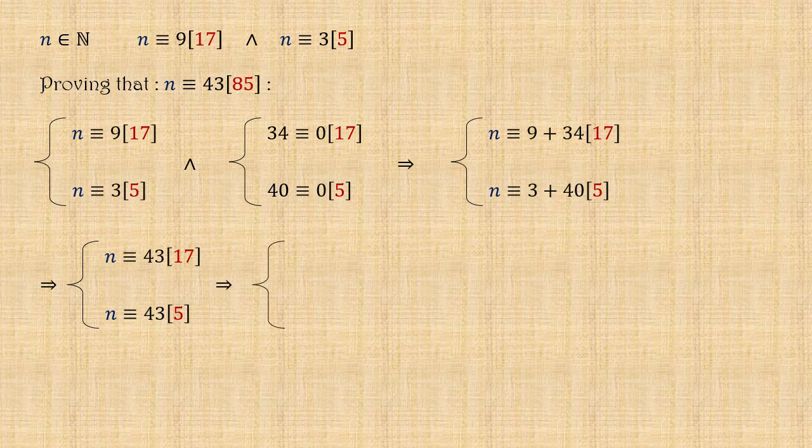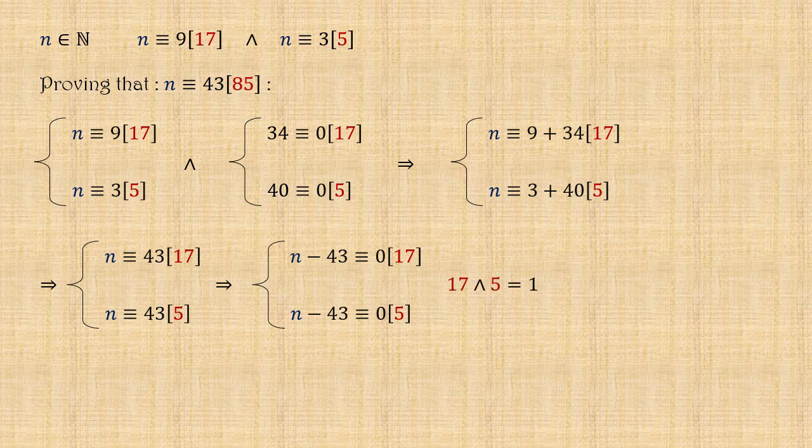which means that n minus 43 is congruent to 0 modulo 17 and also n minus 43 is congruent to 0 modulo 5. So these two congruences of n minus 43 to 0 modulo 17 and 5 mean that 17 and 5 are divisors of n minus 43.